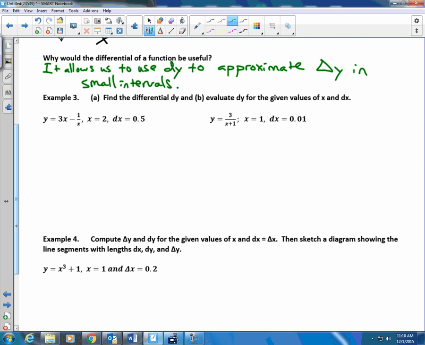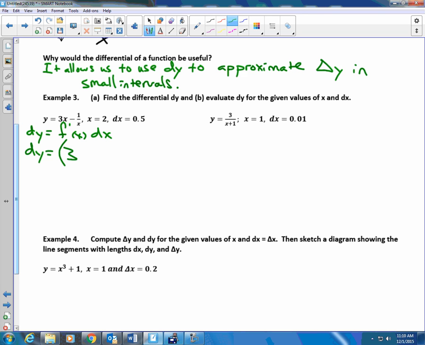It says find the differential dy and evaluate dy for the given values of x and dx. So dy is equal to f prime of x dx. What is the derivative of my function? The function is 3x minus 1 over x. What's the derivative of 3x? 3.